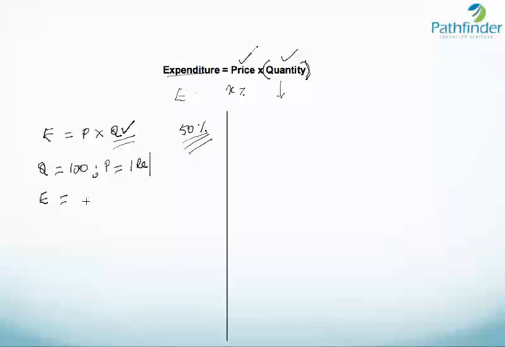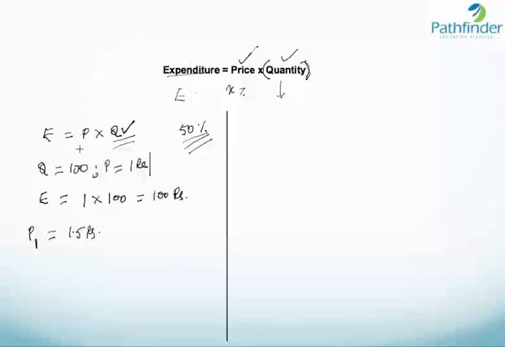Initial expenditure will be 1, that is the price, multiplied by 100, that is equal to 100 rupees. Now, what happens to the new price? The new price increases by 50%, so it becomes 1 plus 50% of 1, that is equal to 1.5 rupees.